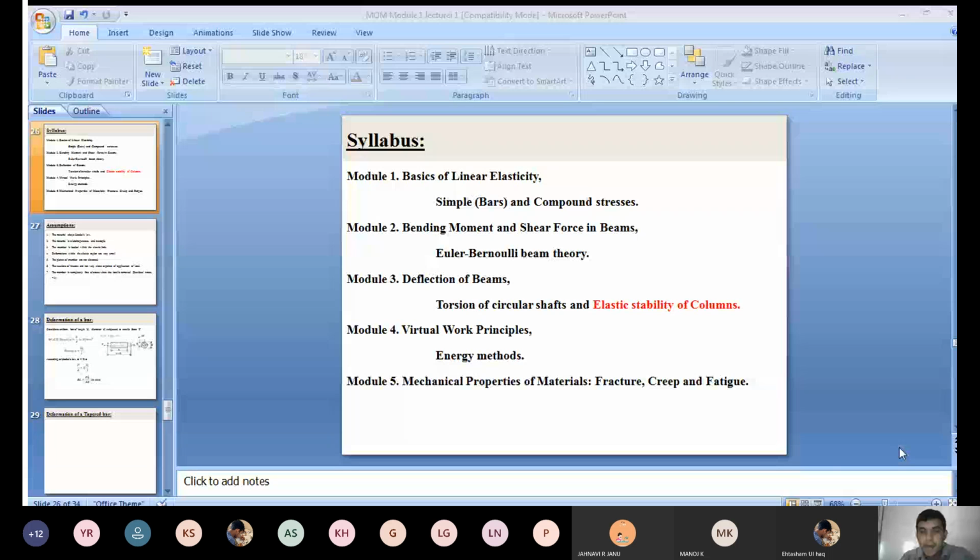Naveen. Yes, sir. You have a bicycle? In the bicycle, if you apply a brake, the handle comes under which type of component?